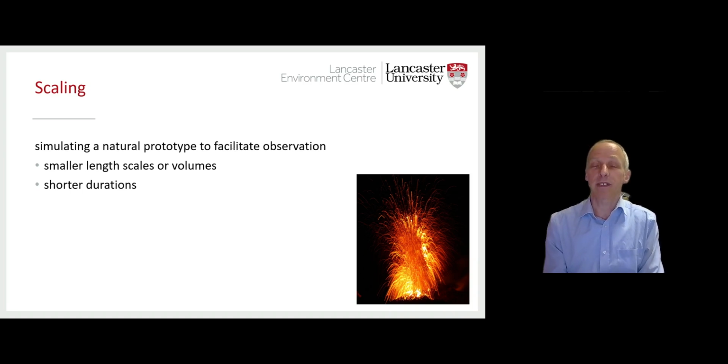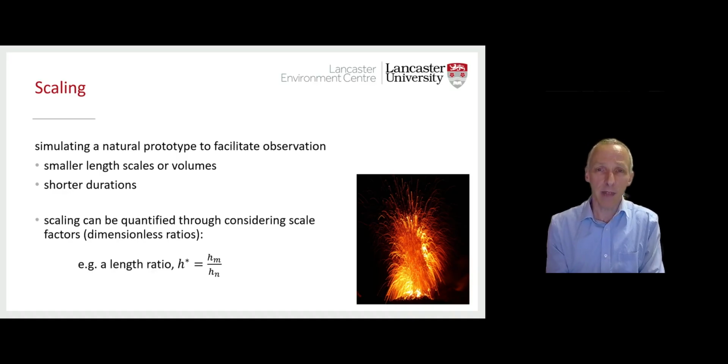We can quantify the scaling procedure through considering dimensionless ratios called scale factors, which relate properties between the model and the natural prototype. So, for example, a length scale factor would be the length ratio h star, which represents a length in a model, h subscript m, divided by the equivalent length in the natural prototype, h subscript n.